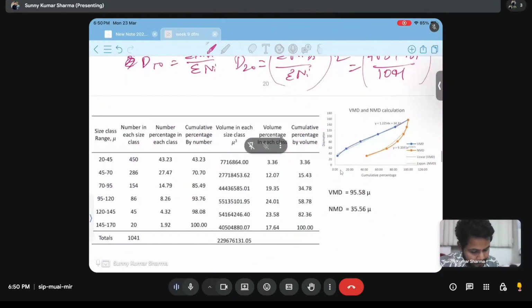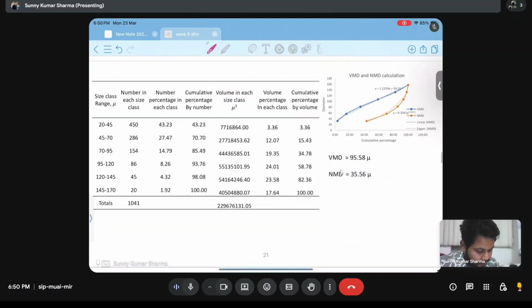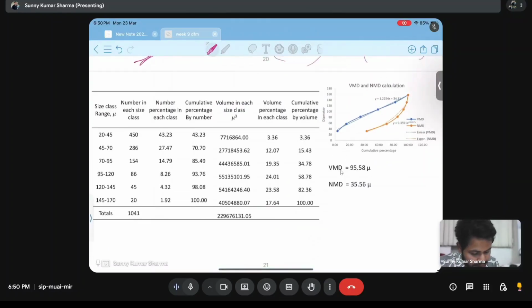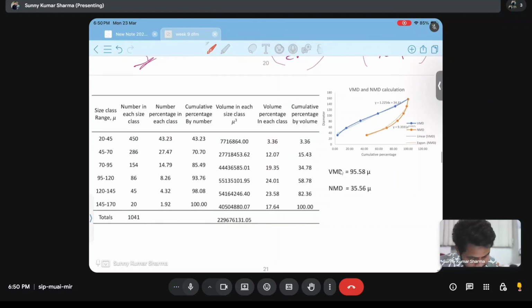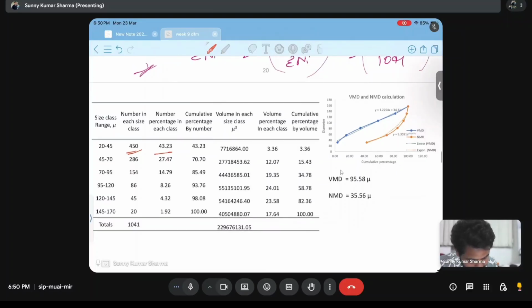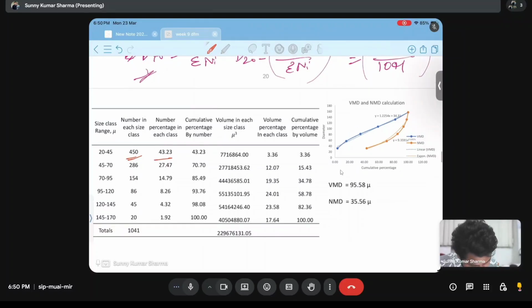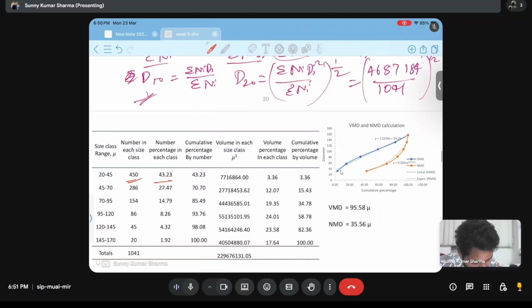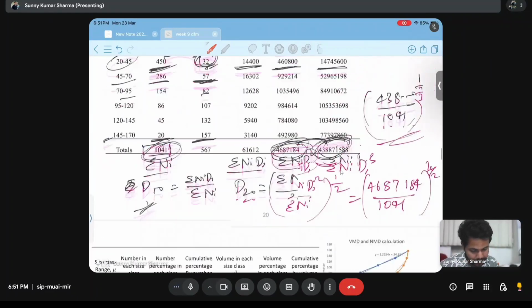Next, we have just calculated mean diameters and median diameter. For median diameter, what will we do? For 450, this is the number percentage in each class. What does this mean? From where did this come? For 450, how many droplets are there?